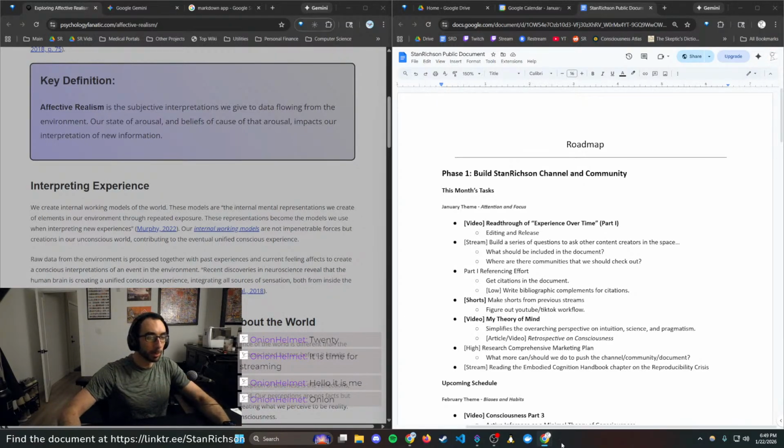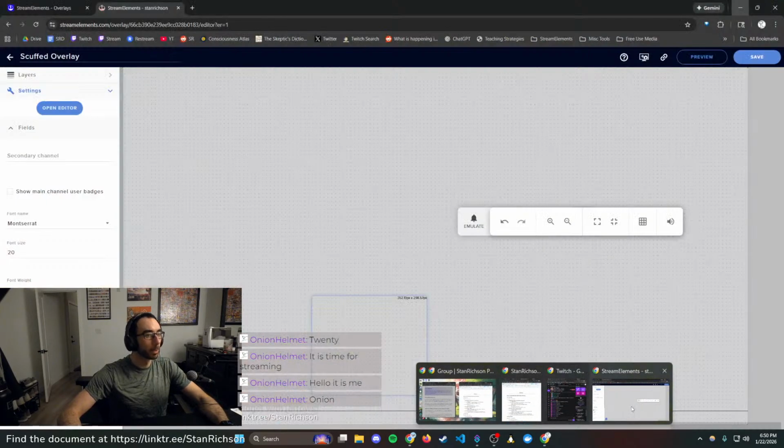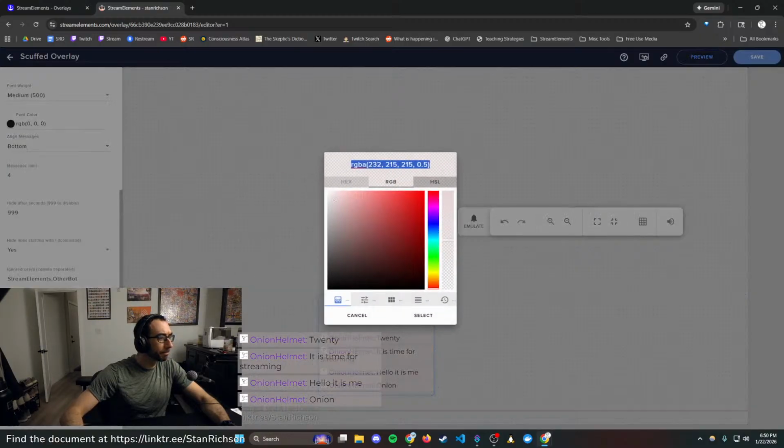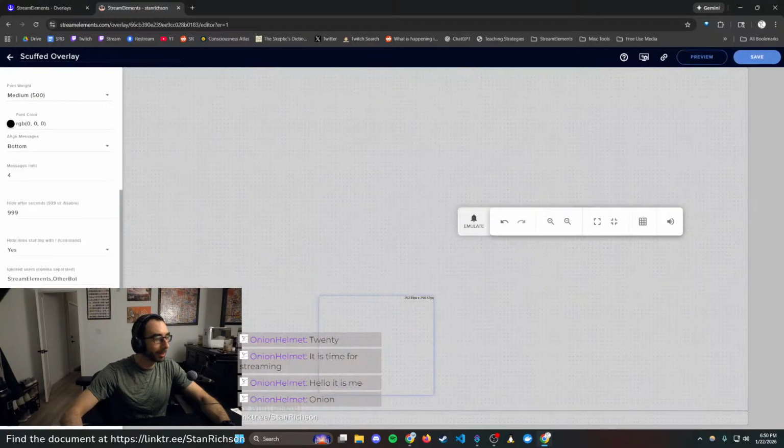We just need more white. And we need a slight move to the right. And we need maybe... Oh, this needs to be white. What is happening?